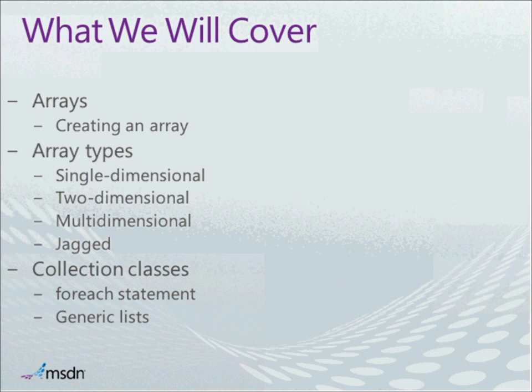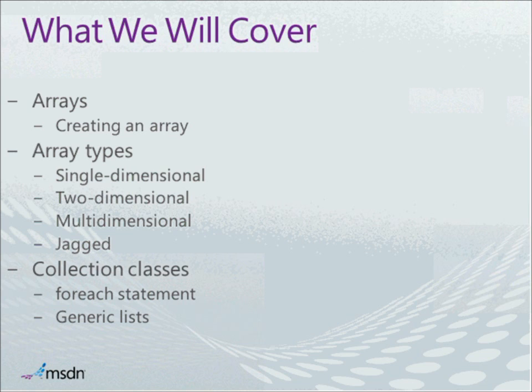Arrays come in various different types within C#. The most basic type is a simple single-dimensional array, which allows you to store one list or one group of simple objects. But there are more complex types of arrays, where you might have multiple aspects or multiple dimensions of the data.